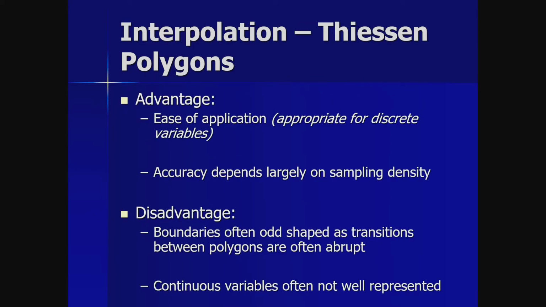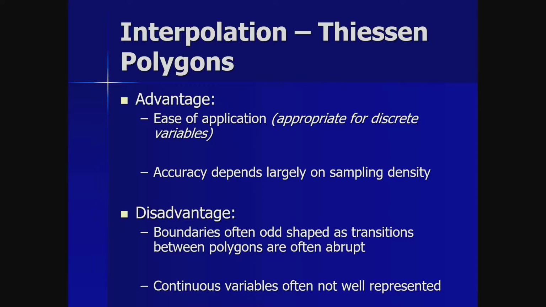Why would you use this? Well, the advantages are that it's pretty easy. I told you before, usually we're talking about making continuous surfaces, but this is actually the only interpolation technique that is somewhat valid for discrete variables. In other words, let's say my values represented soil type, which isn't really a continuous surface, and I just want to make a guess at what the soil type was everywhere else.